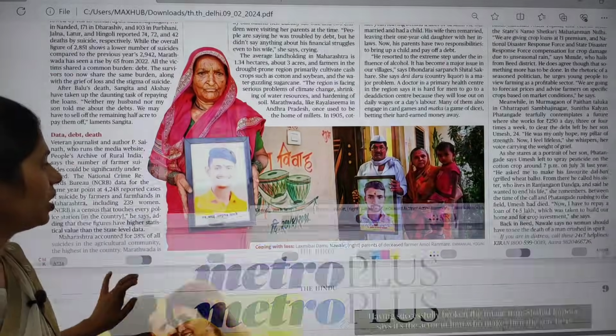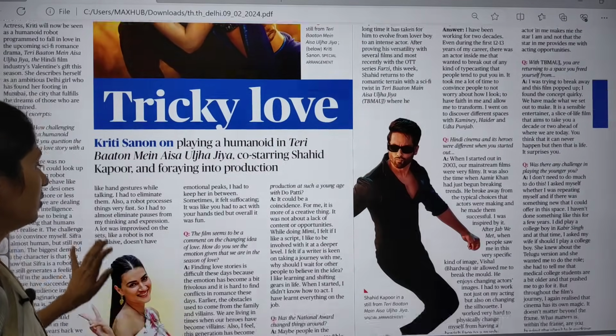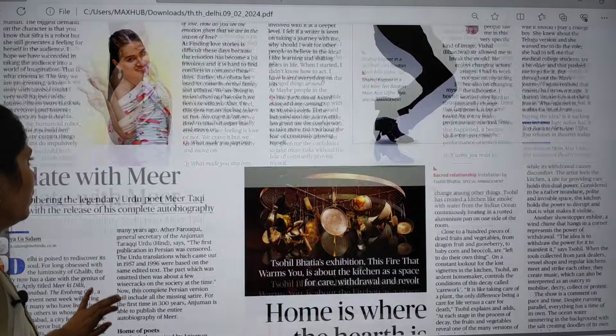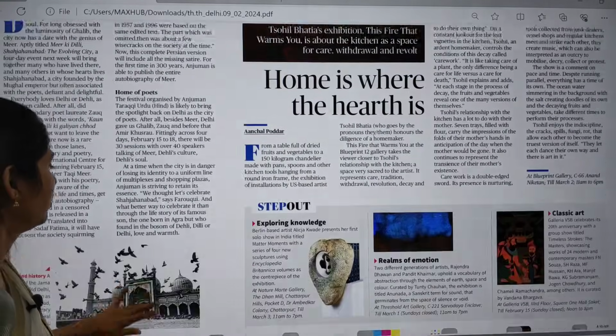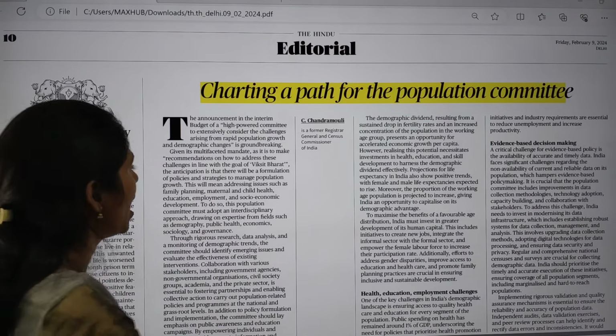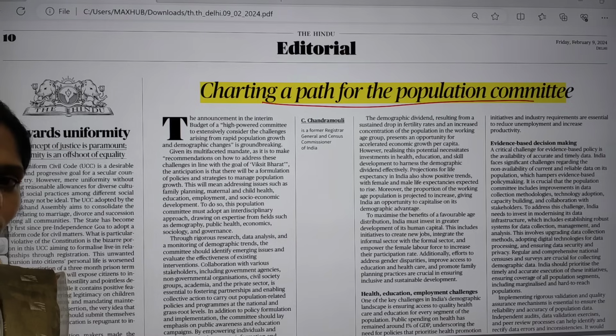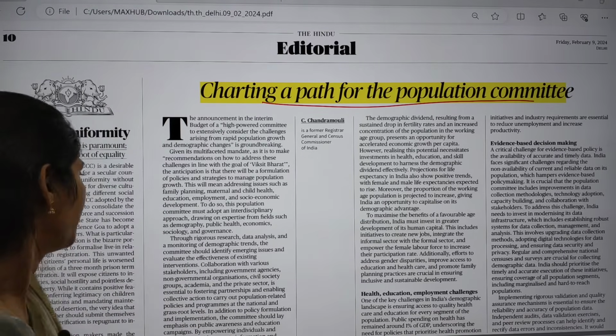In this editorial page we have two important articles. The first one is charting a path for a population committee. What are the dimensions that you have to think about?